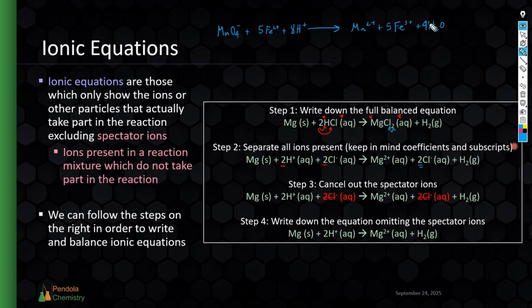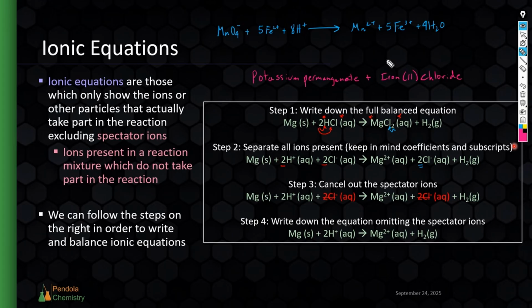Now the problem here is that they're not going to tell you in the exam, in the wording of the question, the reaction between permanganate ions and iron 2+ ions. They're going to speak of this as the reaction between potassium permanganate plus iron 2 chloride.